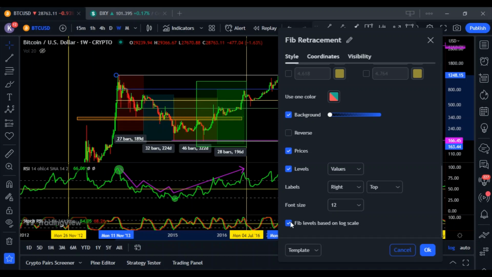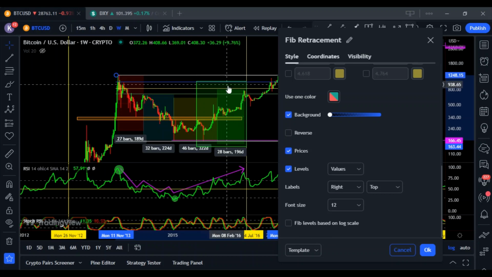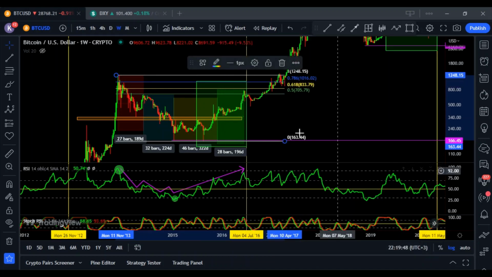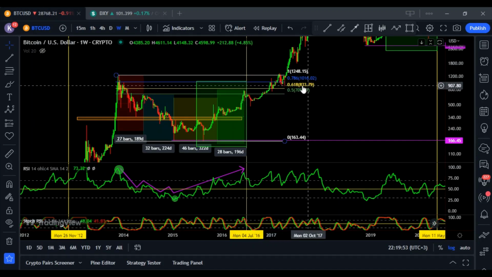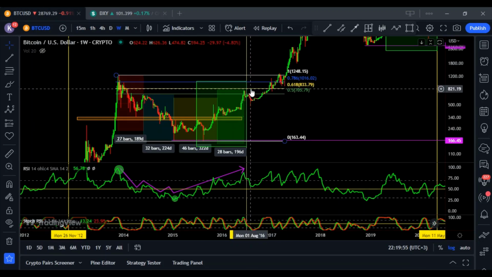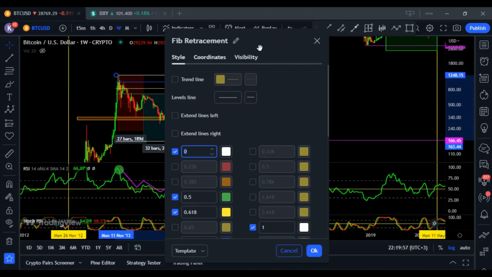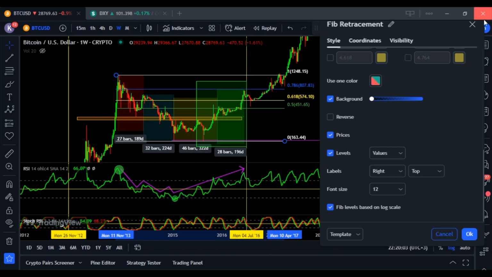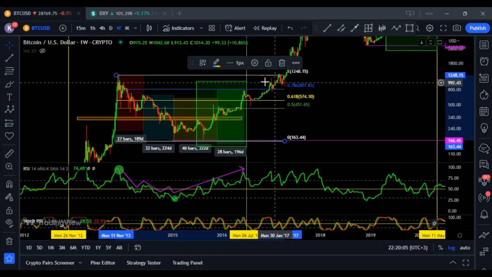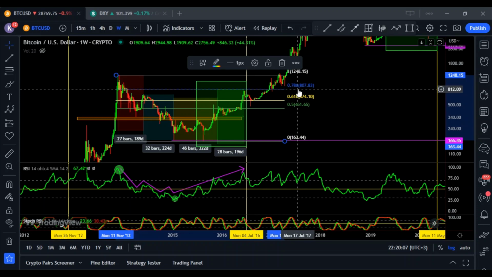If that by default comes in off, and we turn it off, definitely we hit the 0.618 at the end of the run for the non-log scale. But if we flip it to have it as a log scale, then we have a hit on the 0.786.